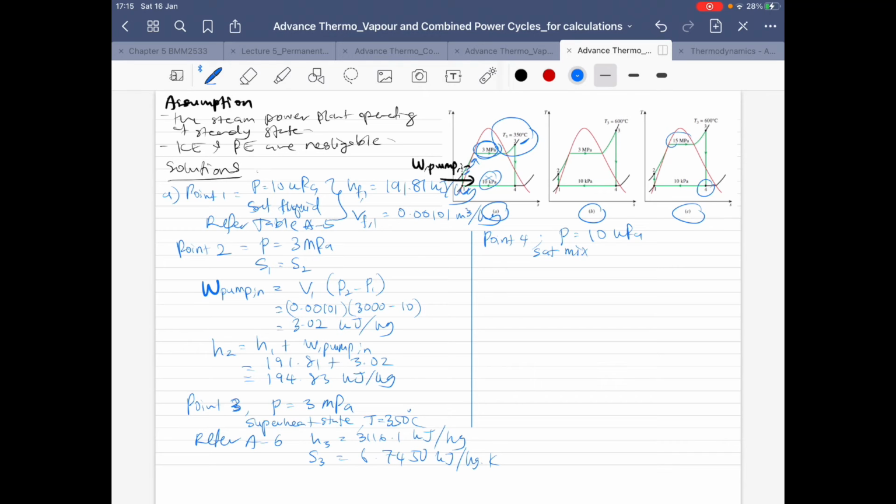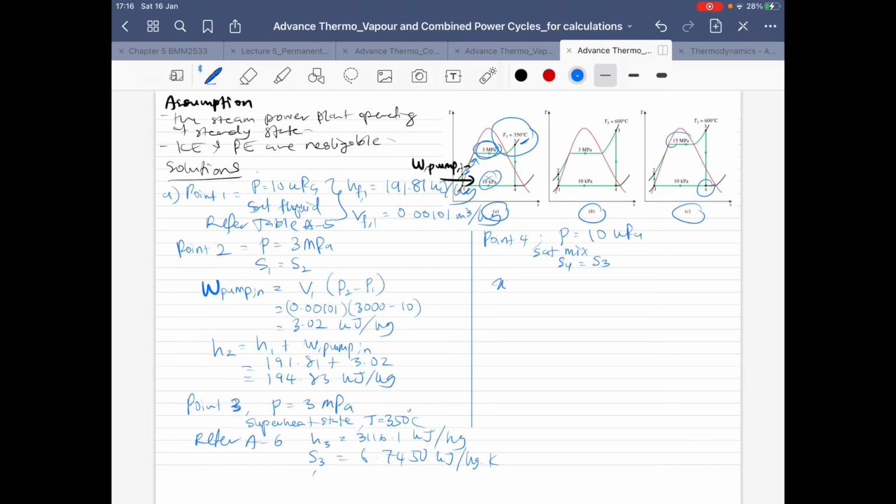So we have to do the fraction calculation sikit je, but at the same time we know that S4 equal to S3. S3 kita dah dapat tadi kan, ni S3. S4 kita nak calculate. S4 equal to S3, definitely.